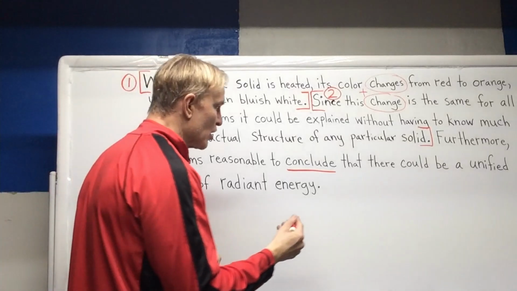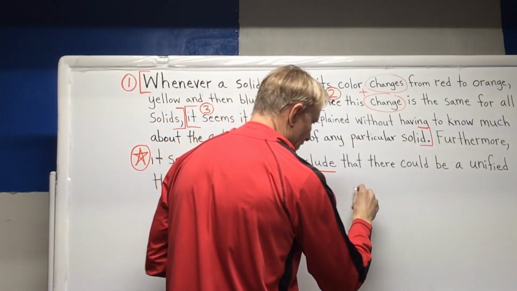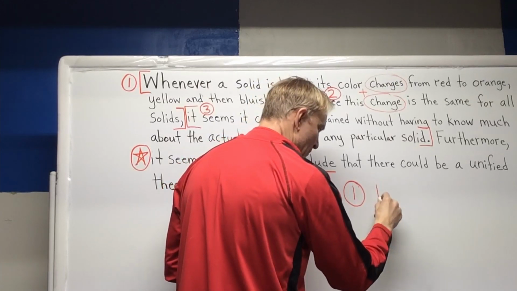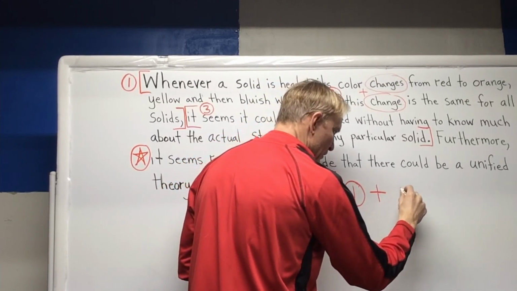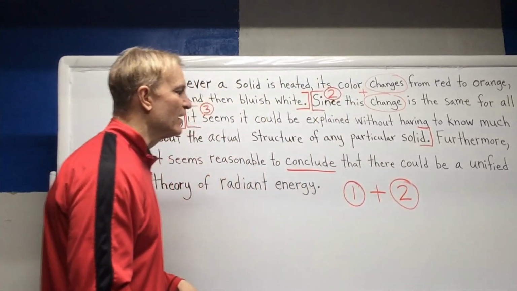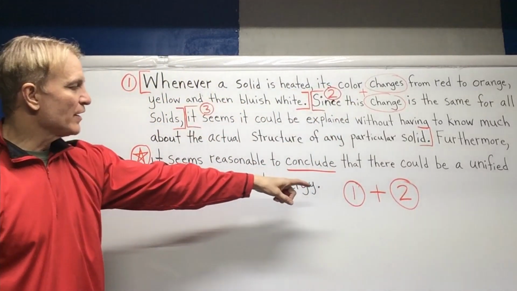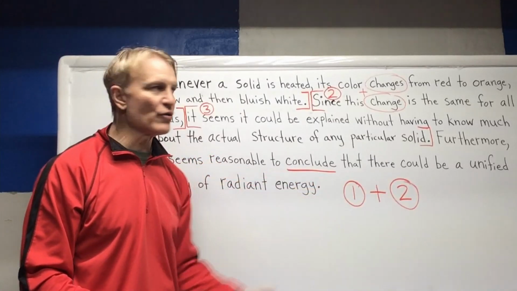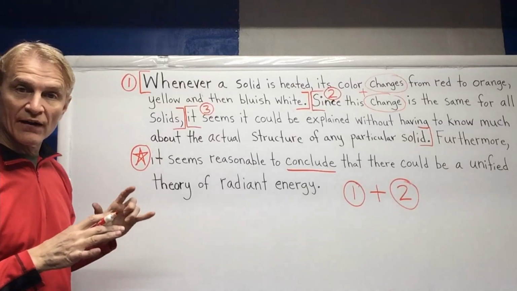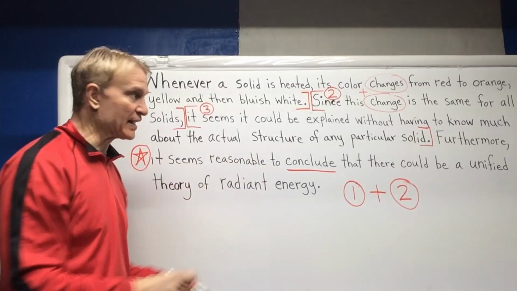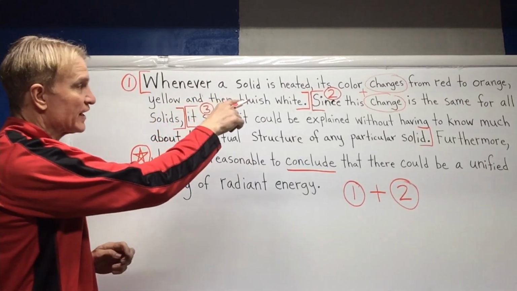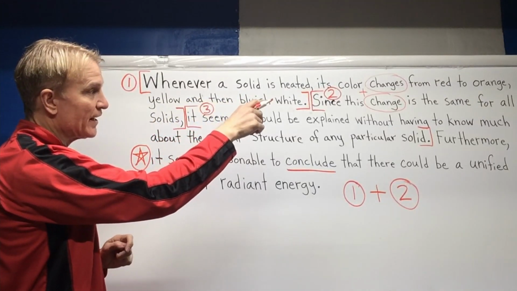I'm going to look at this as 1 can't stand alone, but 1 plus 2, don't say equals 3. Statement 1 or premise 1 plus premise 2 is going to have more of a strong emphasis toward the conclusion. So now I know whenever a solid is heated, its color changes from red to orange.